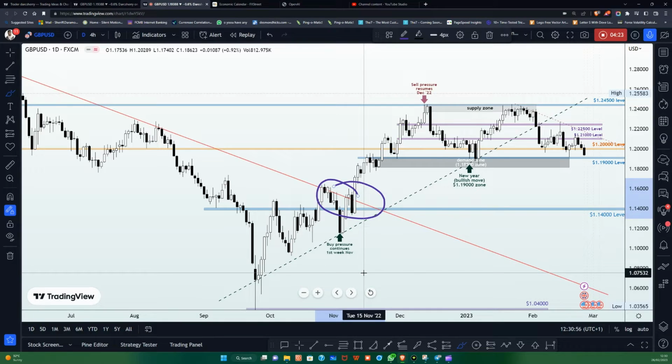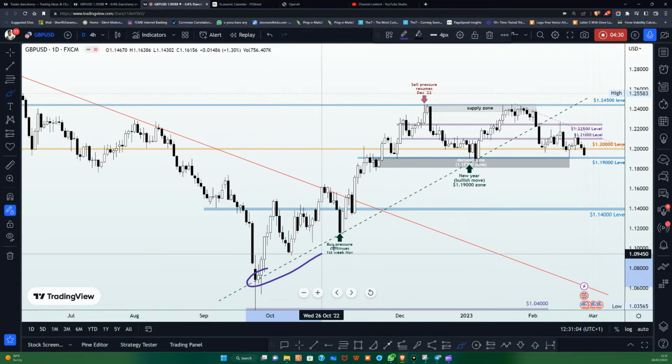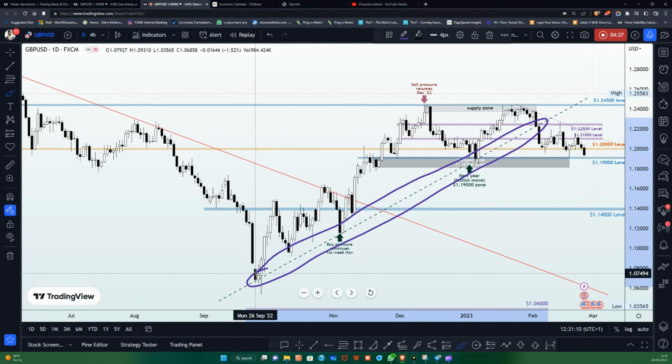And prior to the breakout of the trend line, price has consistently found higher lows. And if we connect the series of higher lows here, you can see that we have this bullish trend line which further buttresses the strength of the buyers at this particular point in the market.